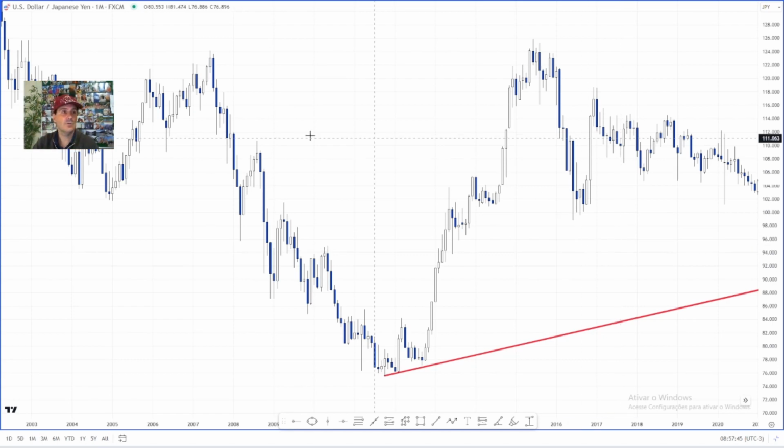Okay, so USD JPY monthly chart, long-term view: what would you tell your trader? Dear trader, long-term USD JPY, it's up, but it's falling down. Long-term, it's up.